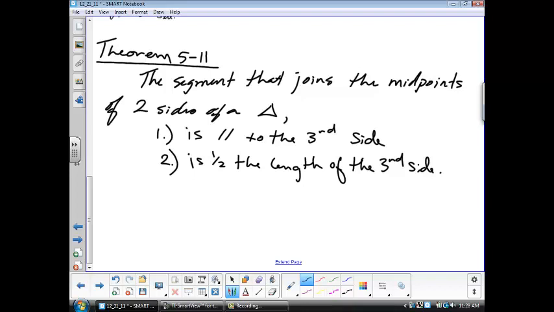Let's go ahead and draw our diagram. So we have triangle ABC again. And we have two midpoints, D and E. And we have a segment that joins those midpoints of these two sides of the triangle. So our given information is that D and E are midpoints of segments AB and BC.